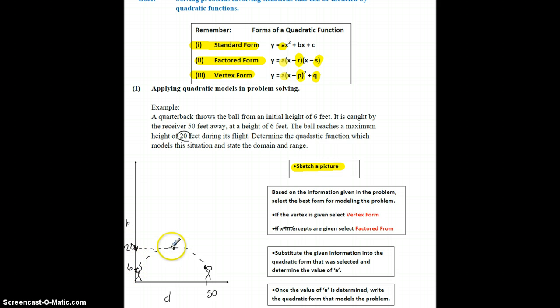It starts at 6 feet, and this is the important part, is caught at 6 feet. So the height's the same, so the path is symmetric. So then the axis of symmetry should occur at 25 feet. So the vertex, when the ball has traveled 25 feet across, it's reached a height of 20 feet. So we have the vertex form.